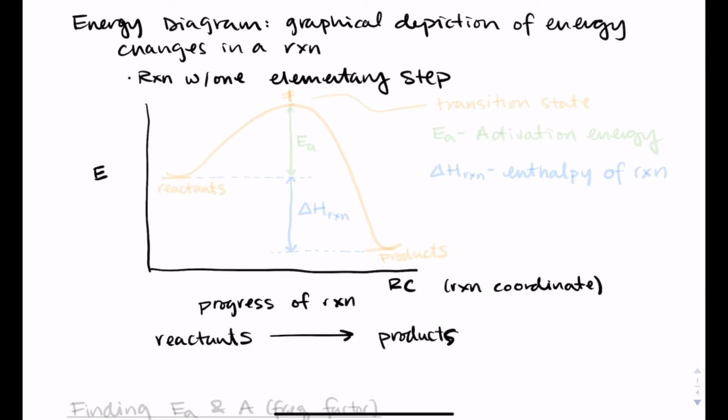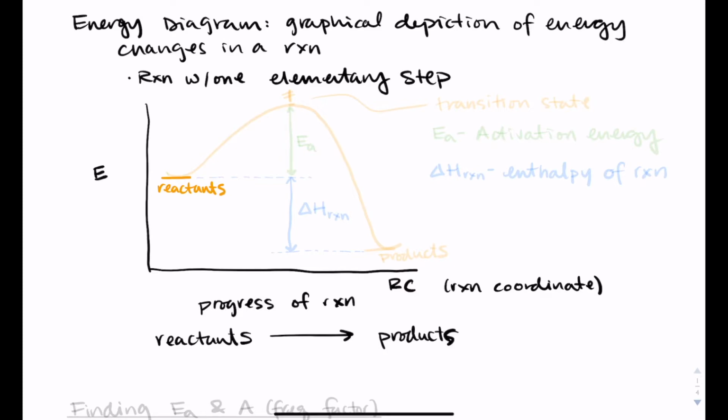And then the products, I have that over on the right. I've got a line just for the energy of the products. Again, delta G or delta H. And the difference between those two is the delta H reaction or the delta G reaction, depending on which you have plotted.